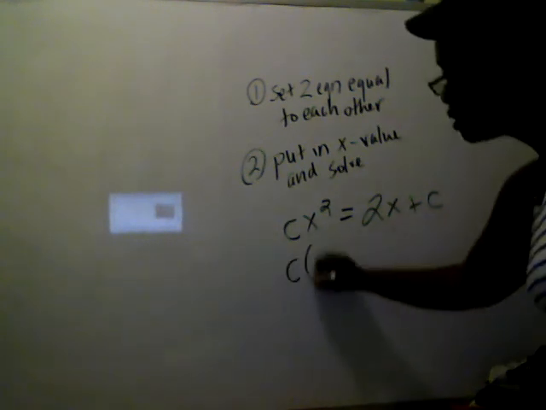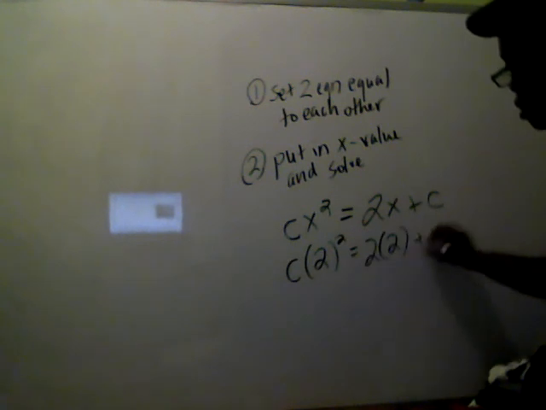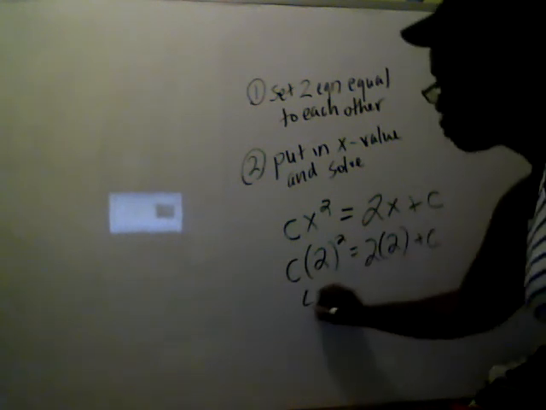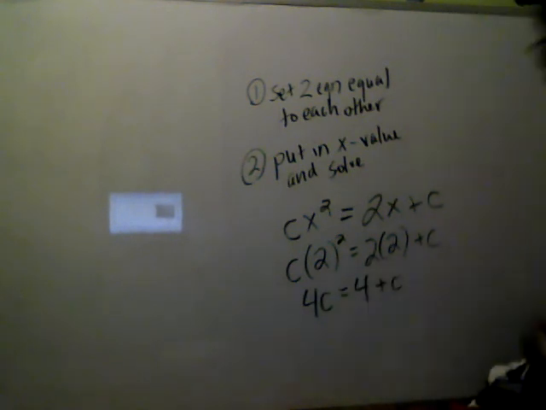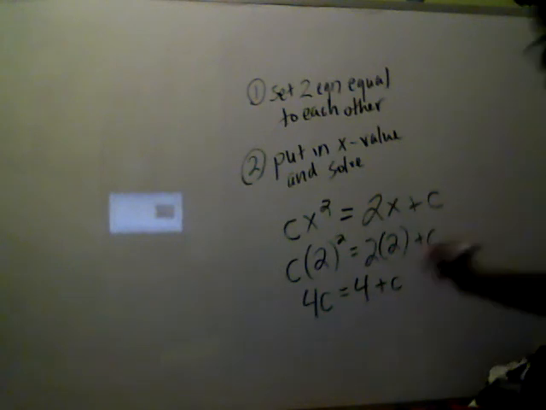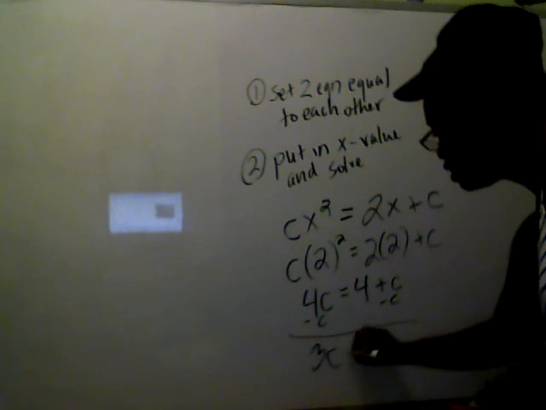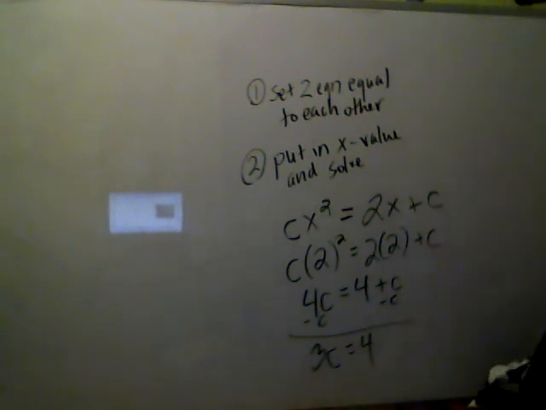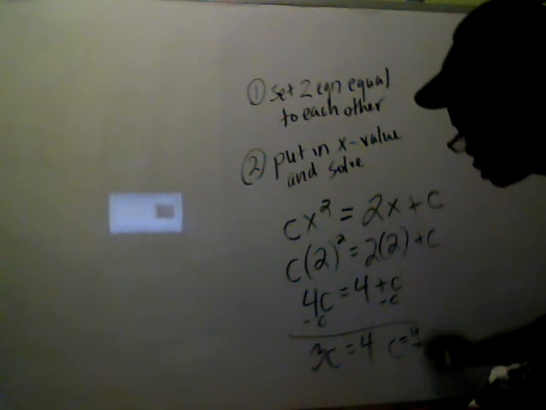So for all of the x's, we go back and put 2's. So we get 2 squared is 4. So 4c equals 4 plus c. Now we want to get the c's on one side, so we just subtract c. So we get 3c equals 4. And then if we divide, we get c has to be 4/3.